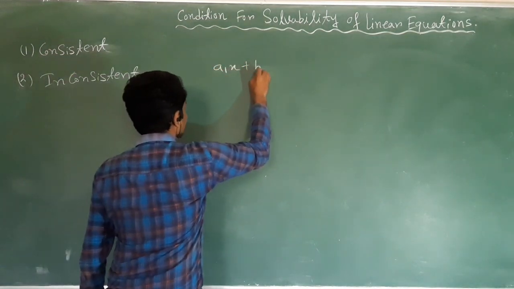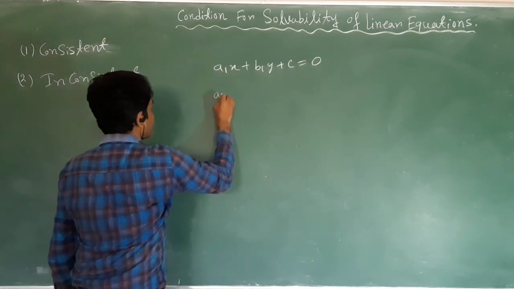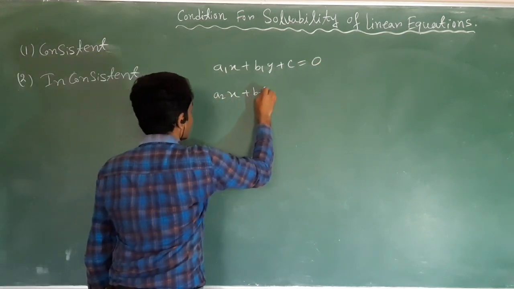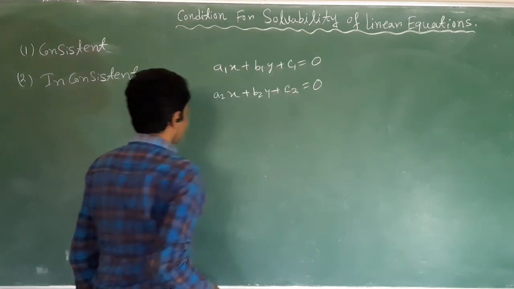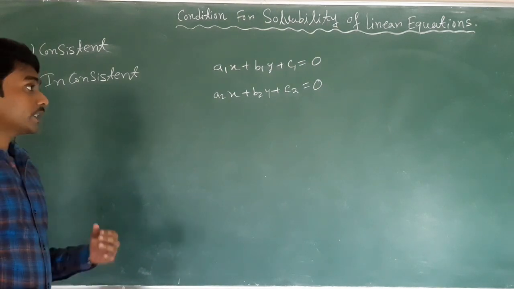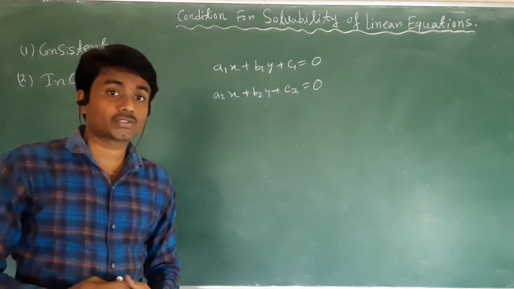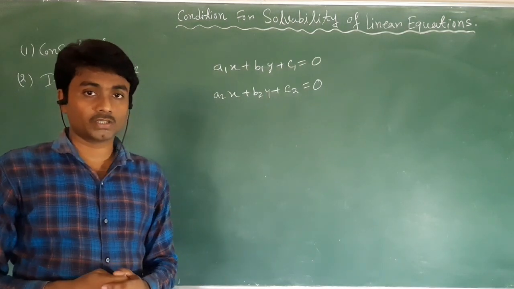a1x plus b1y plus c1 equal to 0 and a2x plus b2y plus c2 is equal to 0 is said to be consistent if it has at least one solution. At least one solution means minimum one solution.